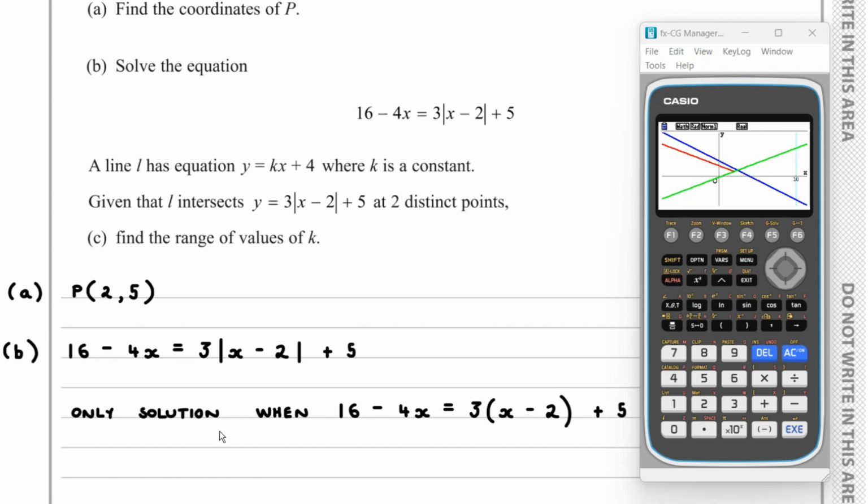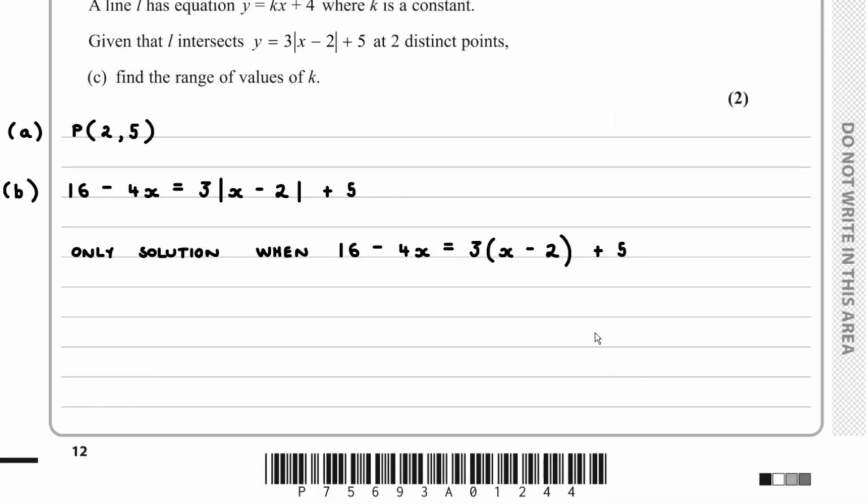Which means the only solution we have occurs when 16 subtract 4x equals 3 multiplied by x subtract 2 plus 5. Let's solve this. Well, simplifying this, you will find 7x to equal 17, which means x is equal to 17 over 7. This is our only solution.